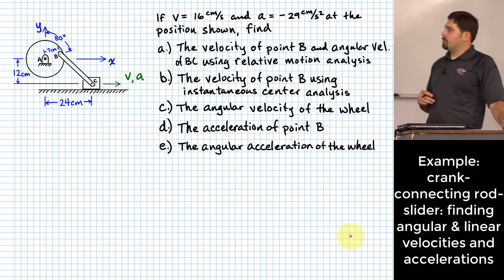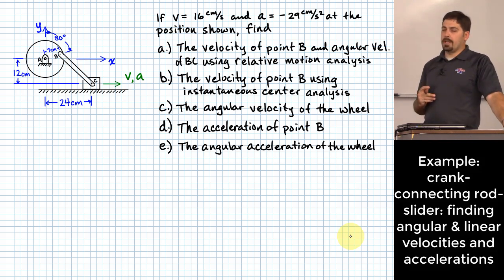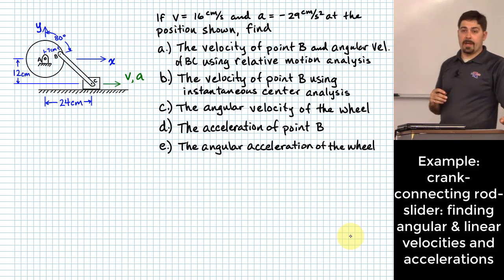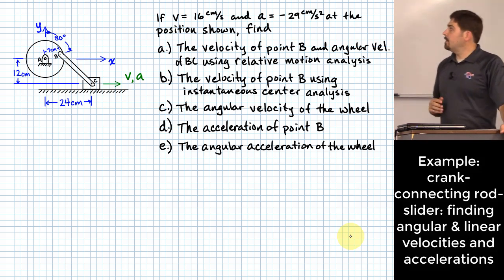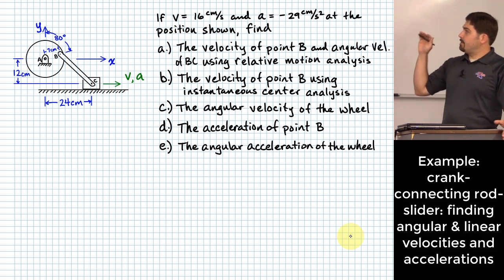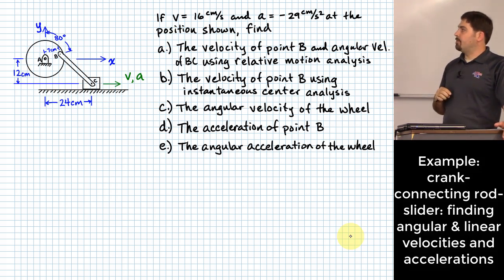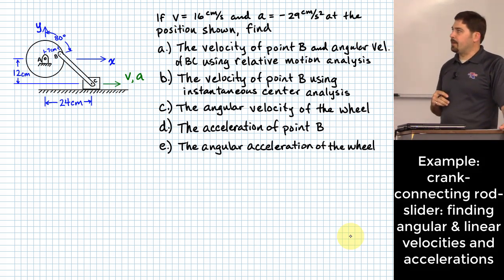A quick thing I'll note before I get into what we're supposed to find: I've already given you what x and y are, so that's what I'm going to use for my x and y directions. What we're supposed to find is the velocity of point B and the angular velocity of member BC using relative motion analysis, that vector equation that I gave you a second ago.